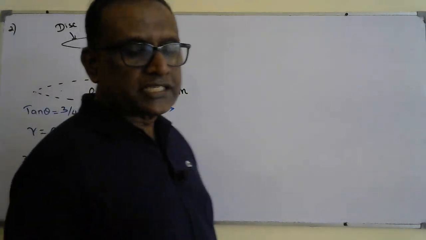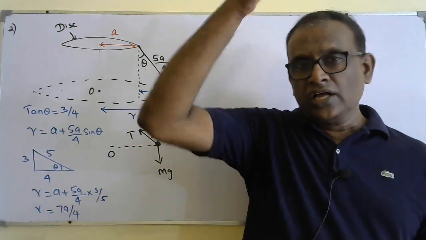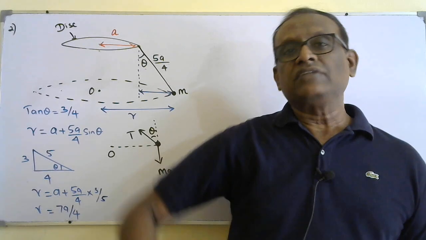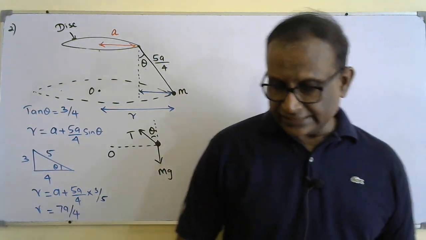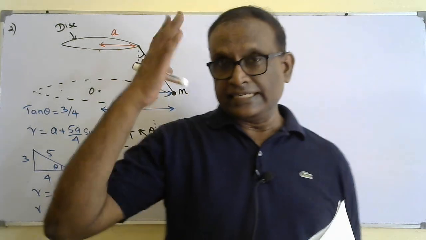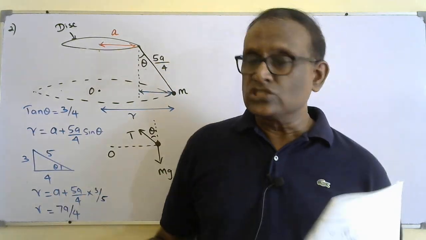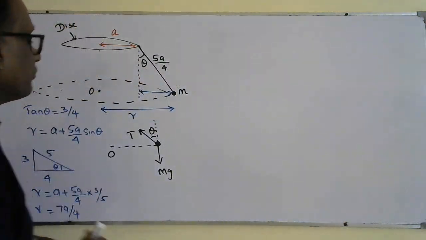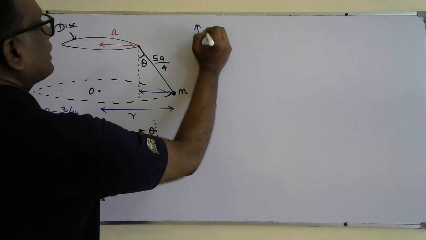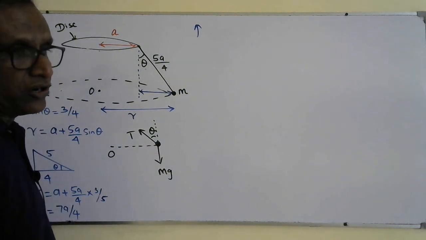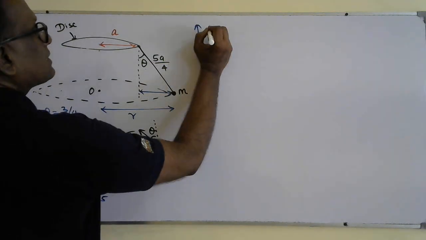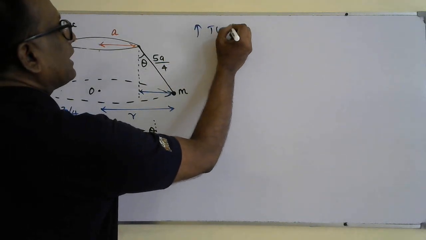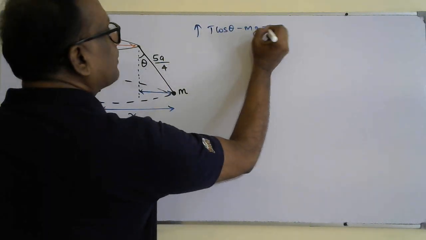So if it is moving on a horizontal circle, like on Newton's first law, there is no resultant force in the vertical direction. Because if there is a resultant force in the vertical direction, the object will accelerate in that direction. So vertically, the resultant force must be equal to 0 according to Newton's first law, because it's moving on a horizontal circle. So that means T cos theta minus mg must be equal to 0.